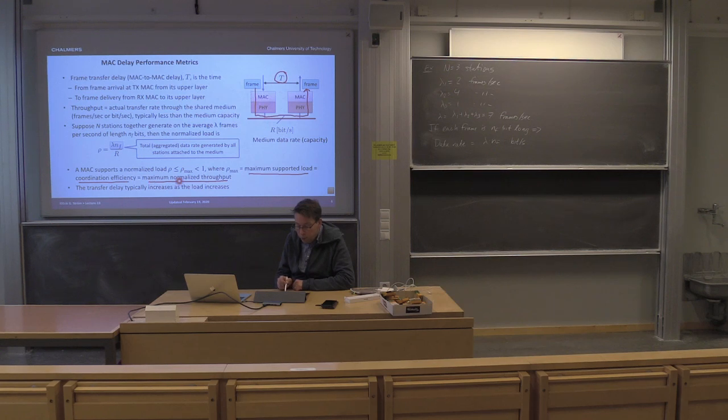And maximum normalized throughput is basically this: the data rate that we offer to the medium, normalized with the data rate that we have available on the medium, gives the normalized throughput.